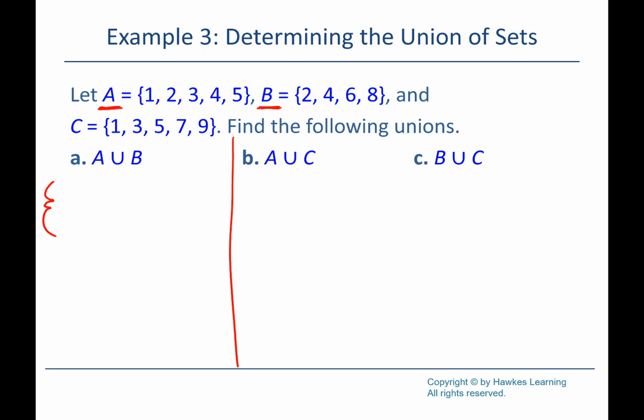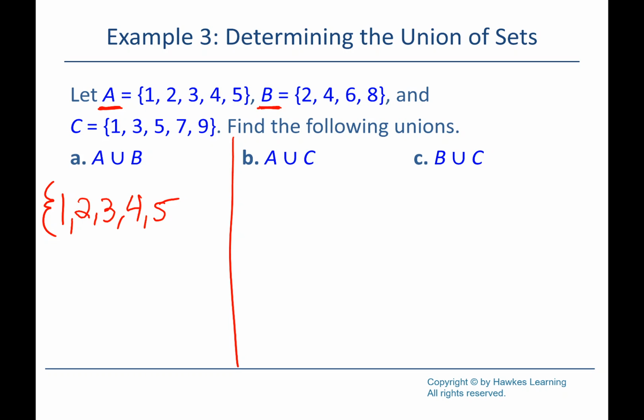If you want to be methodical about it, you want to have a method. One way you can do it is you can look at the first set, because you know all the elements in that set have to be in there. So if I look at set A, I know I've got to have 1, 2, 3, 4, and 5 in the union. And then if we look at set B, we just get the ones that we don't have already.